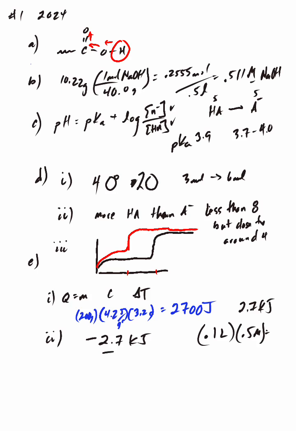So if you take this number and divide by that 0.05 moles, and this was the moles of the substances involved here, this turns out to be negative 54 kilojoules per mole of reaction. Now, let's say you didn't put this negative sign in, but at this point right here, you decide to say 54 kilojoules per mole released. Both of those will be correct. I hope that makes sense.